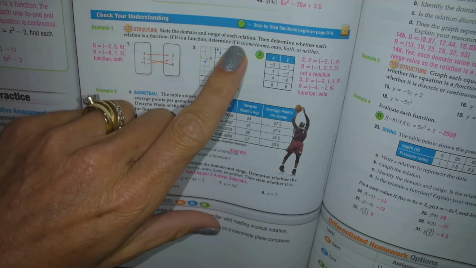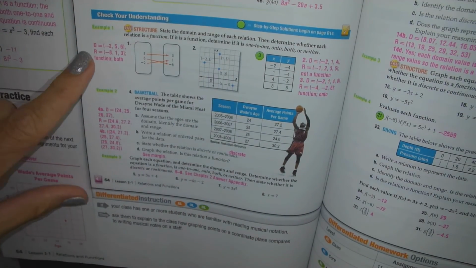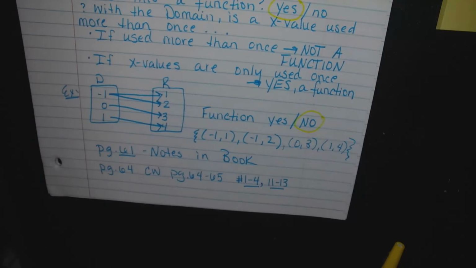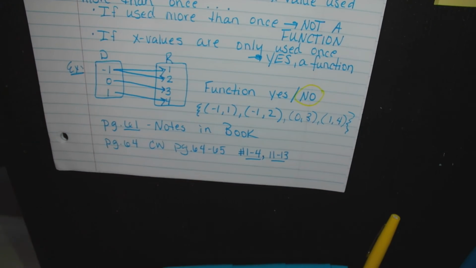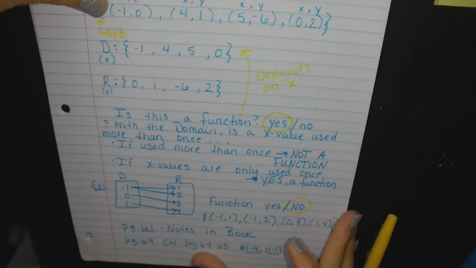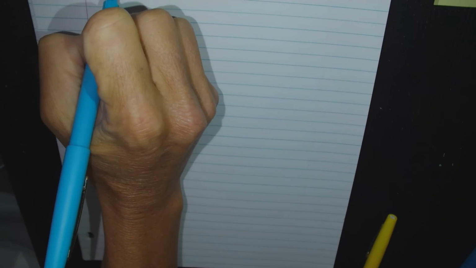This last part, do not do. So all I want is domain, range, yes or no, okay? You don't need to say onto, one-to-one, that kind of thing. So we're filling out like this. Give me the domain. So, for example, you're gonna say domain is a set of what? Range is a set of what? And then yes or no. Okay.